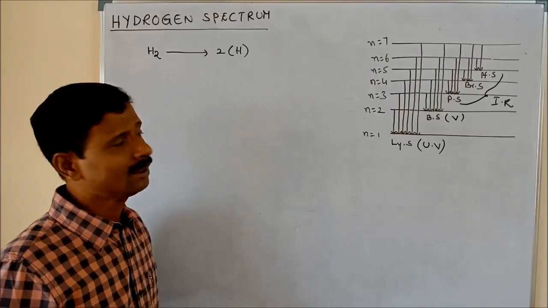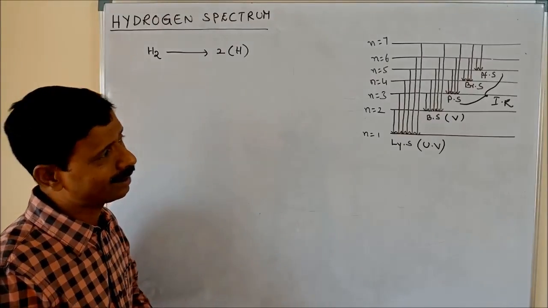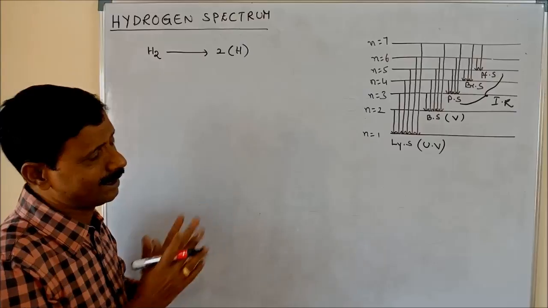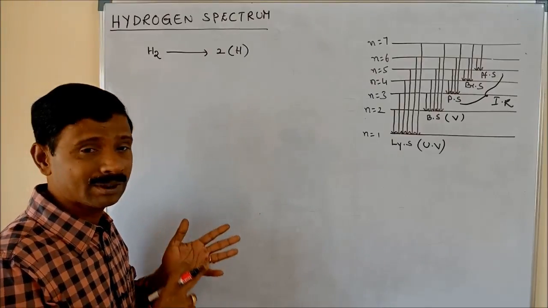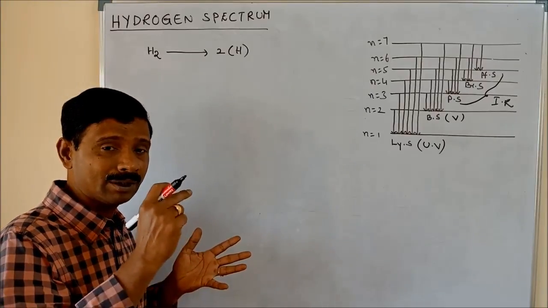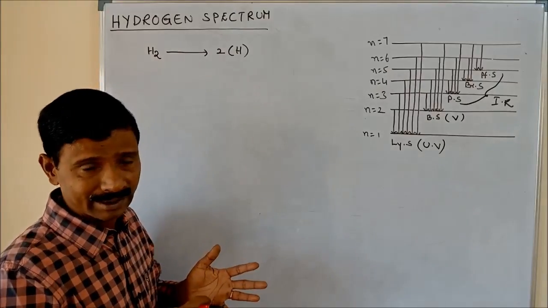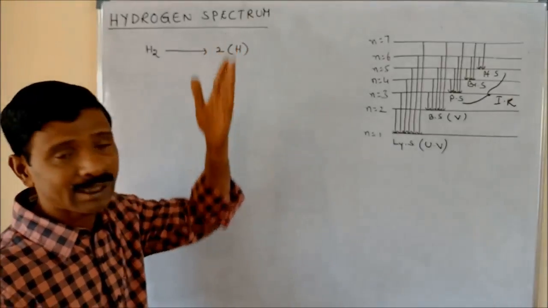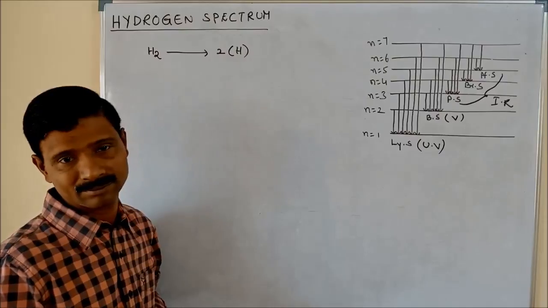And now, as far as the diagram is concerned, one thing is very clear: the name of the series, the number of the orbit into which the electron is de-exciting, and then the name of that region.